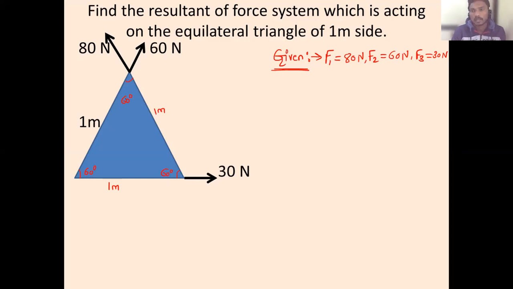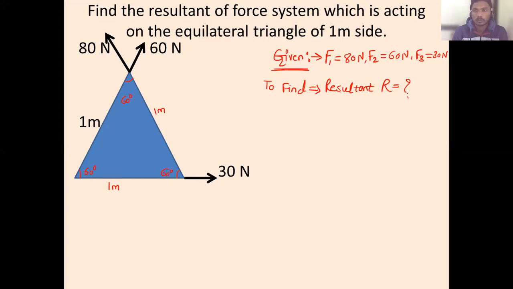Now once forces are there in the system, as it is the beginning of the problem, I will write what we are supposed to find. Resultant. Let us give the name R equal to how much.